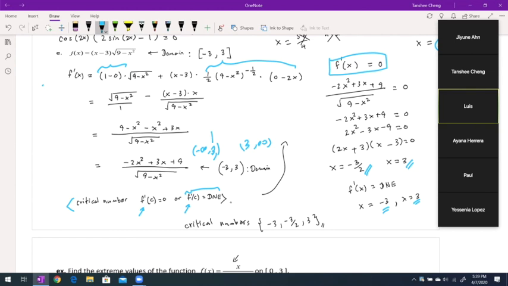However, these endpoints right here, 3 and negative 3, happen to be a part of the domain. Because the domain is restricted, I only need to think about these values now. Technically, f prime is not defined on anything less than negative 3 and anything greater than 3. Right? Okay.